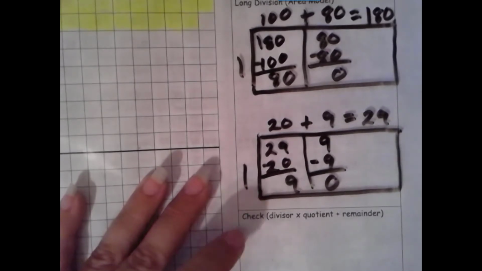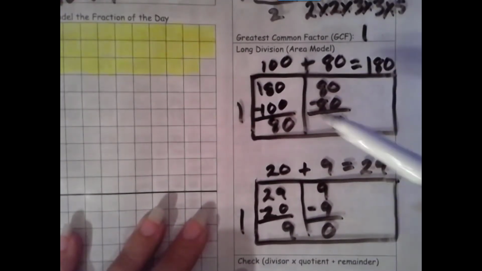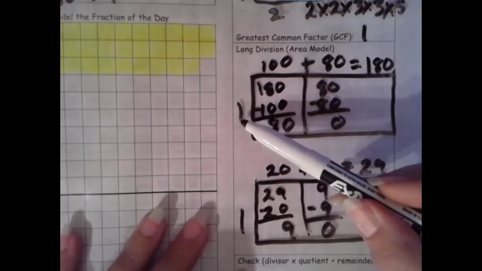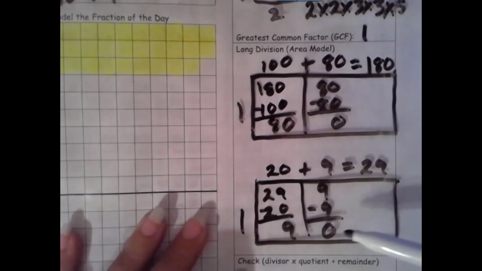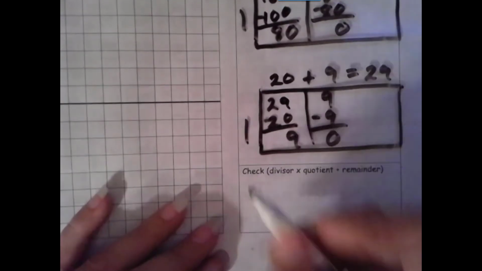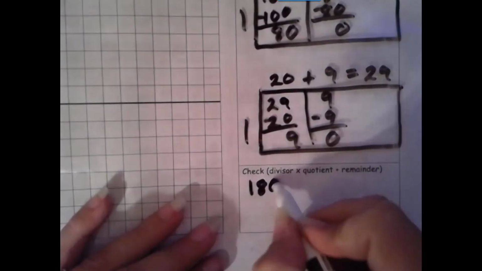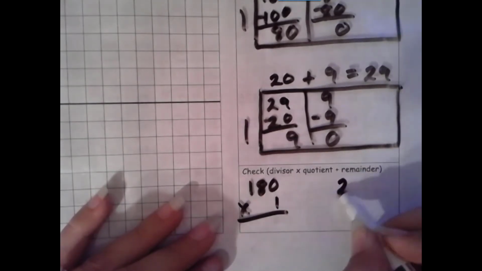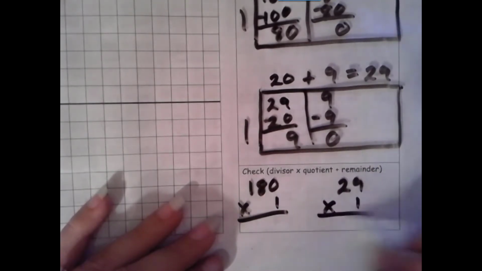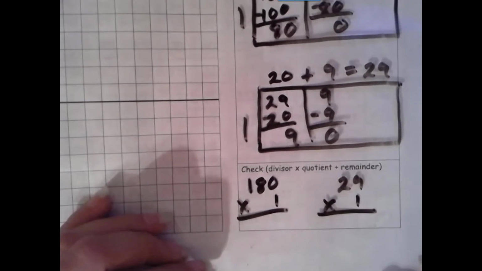I still want to check with my inverse operations. So my divisor times my quotient plus my remainder. Divisor times quotient plus remainder. Since my remainder for both is 0, and the identity property of addition says when you add 0, it stays the same, we don't need to actually add it.